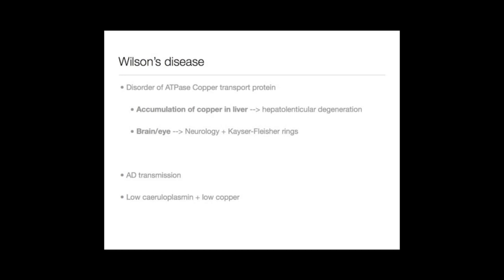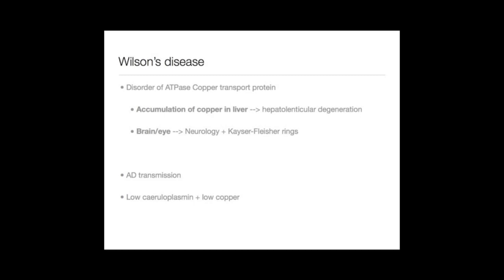Now, a more rare cause of chronic liver disease, but one which everyone remembers for reasons owing to these Kayser-Fleischer rings, which I'll come on to, is Wilson's disease. Now, this is a disorder of a particular protein in the liver, the ATPase copper transport protein, and this protein is involved in the transport of copper ions inside the hepatocytes and also in other organs as well.